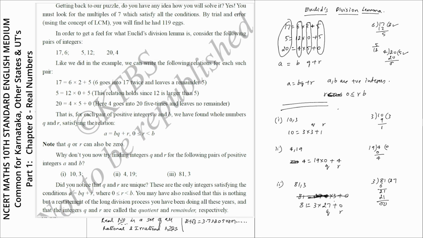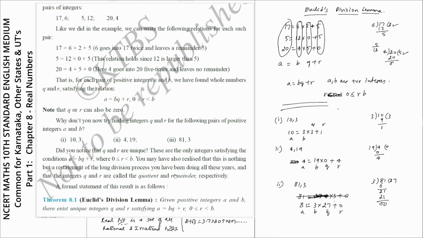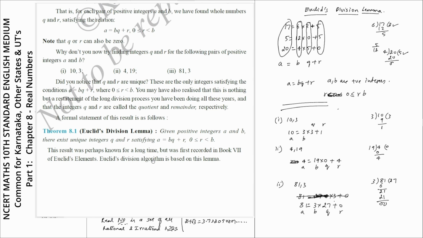And in all the cases, this is A, this is B, this is A, this is B, this is A, this is B. So if you see the textbook, see Euclid's division lemma.